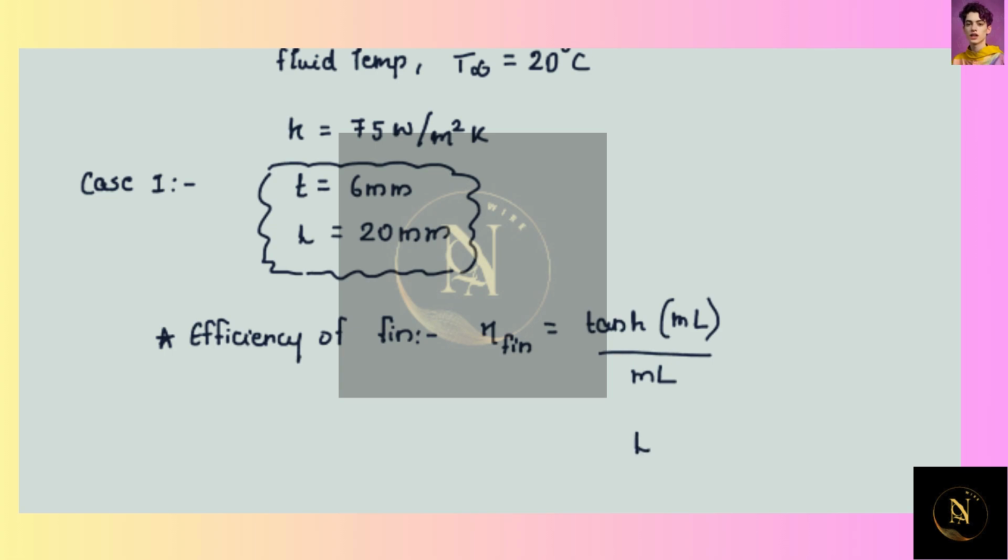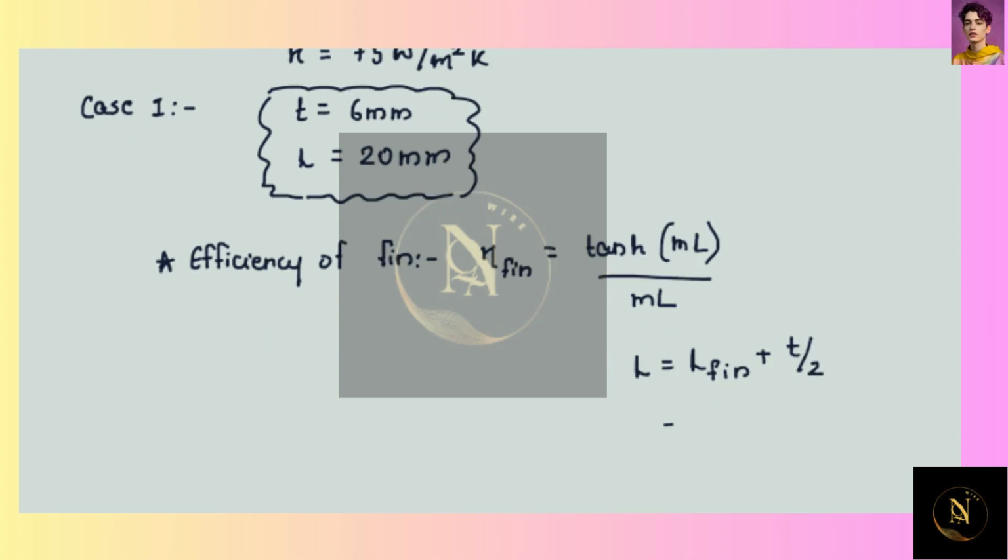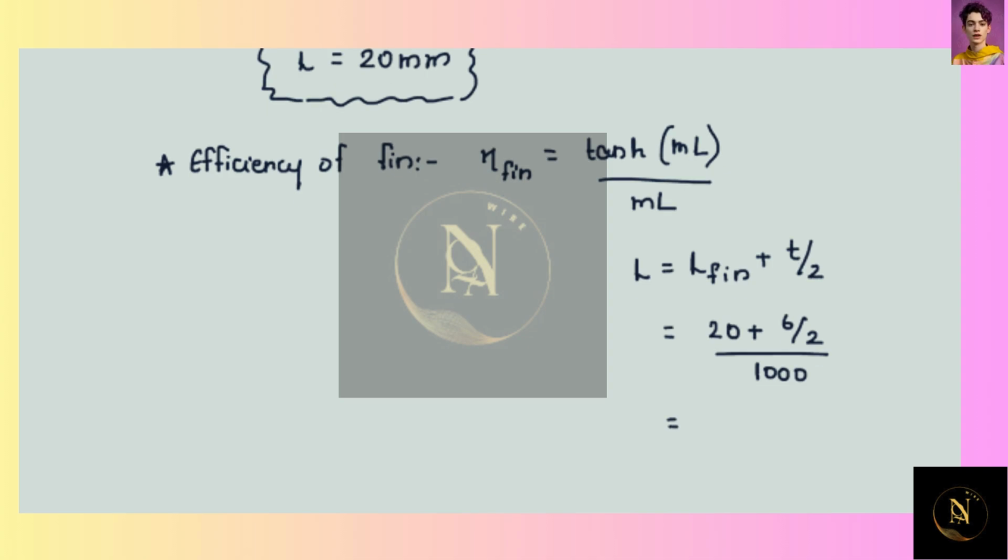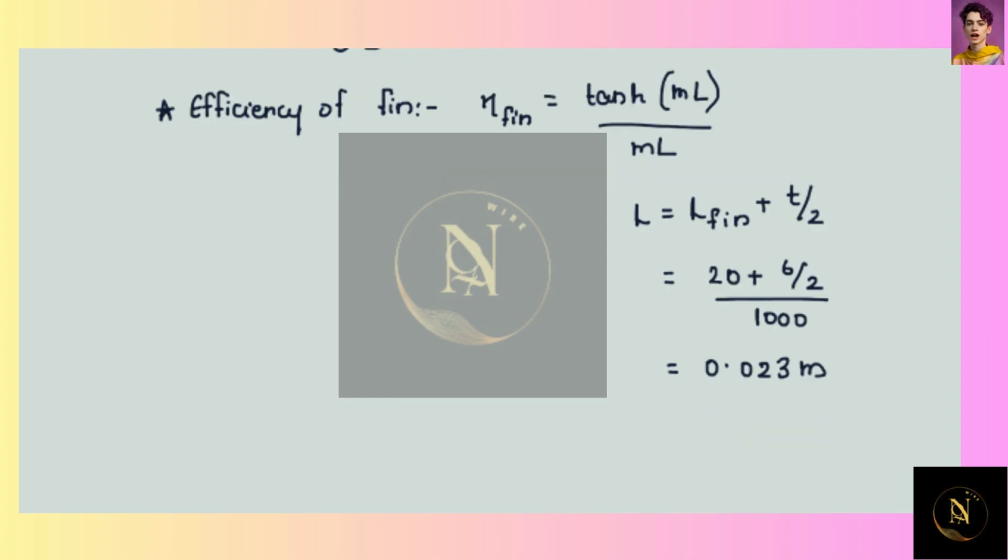Here L is equal to length of fin plus thickness by 2. It becomes 20 mm plus 6 by 2. Converting it into meter, we divide by 1000. Upon solving, we get L is equal to 0.023 meter.